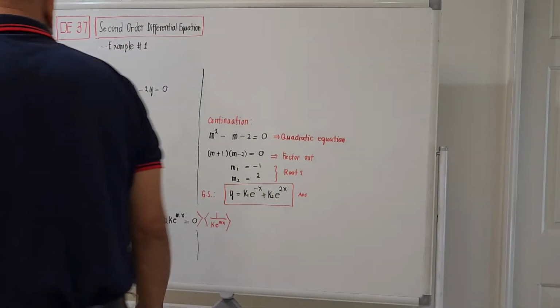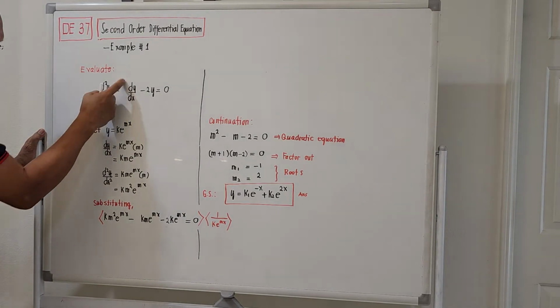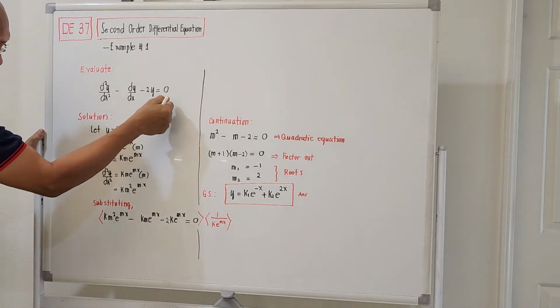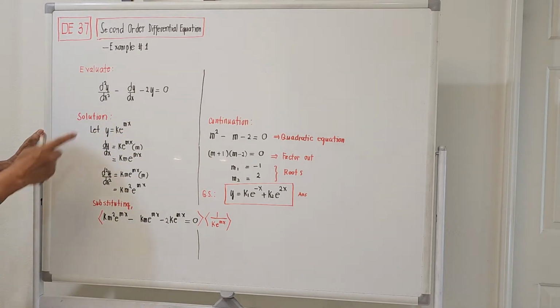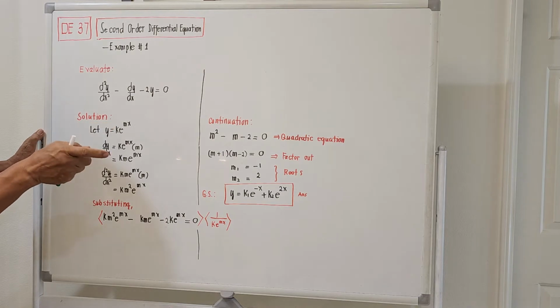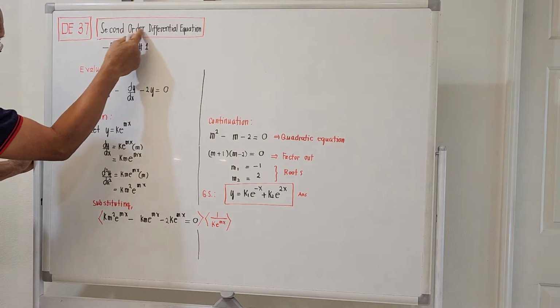The given differential equation is d square y minus dy dx minus 2y equal to 0. This is a second order differential equation. The highest power in which it was differentiated is actually 2. That's why it is second order.